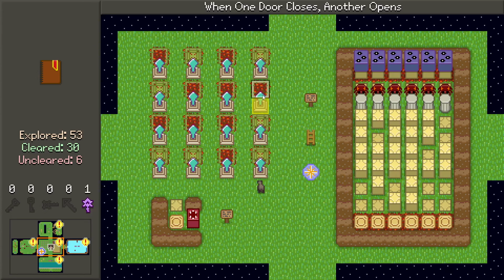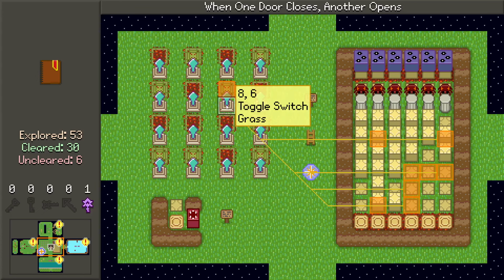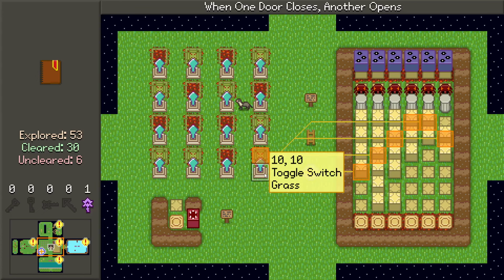And also 8-6, which is... no, that's here, 8-6. Okay. So now I know. 8-6 is on, 10-10 is on. Who was that with? 8-10, that was the logic.